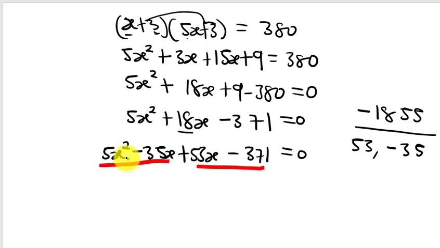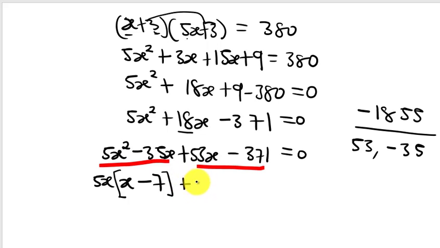Therefore, 5x squared minus 35x, the common factor there is 5x. So 5x comes out, I open the bracket, I'm going to be left with x minus 7. I close the bracket. Once again, the 53x minus 371, there is a common factor, and the common factor there is going to be 53.